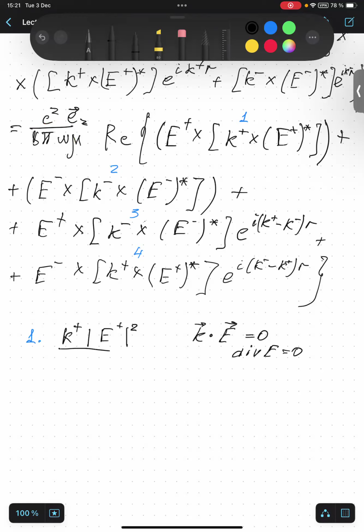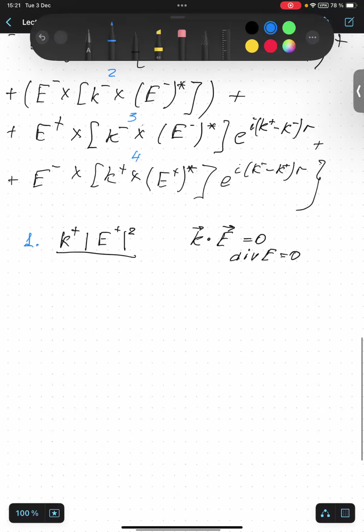That's why we just have this relation. For second term, obviously it's the same, just K minus E minus squared.